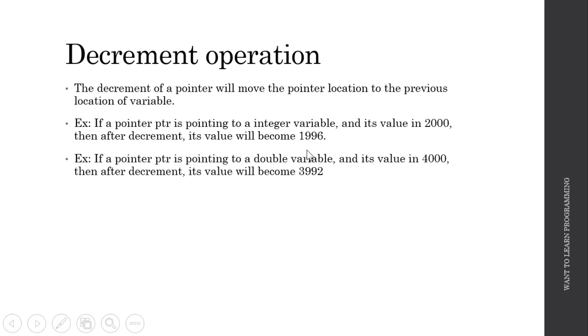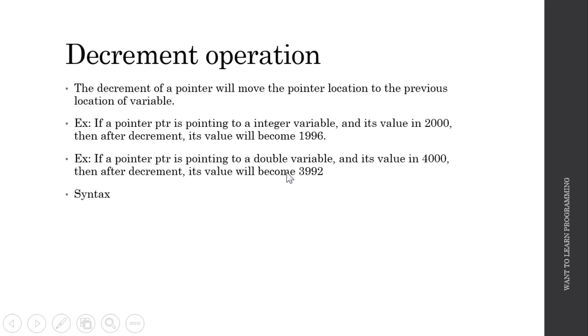Similarly, for a double variable, if its value is 4000, that is the pointer ptr's value is 4000, then the decrement operator will decrease its value not to 3999 but to 3992, because the size of double variable is 8 bytes.